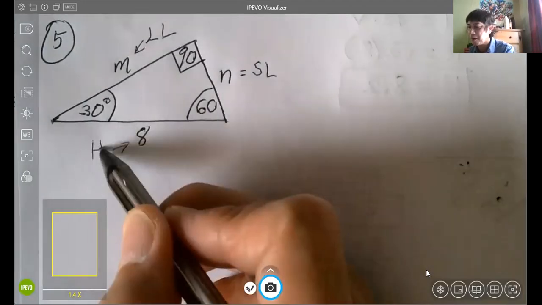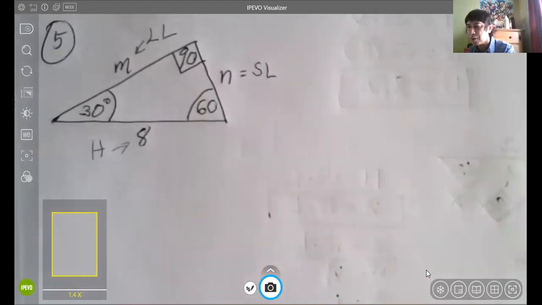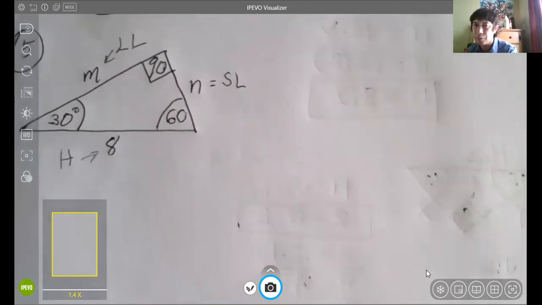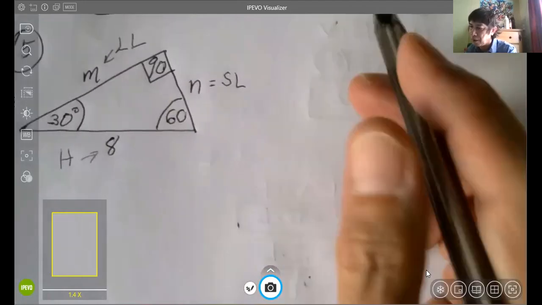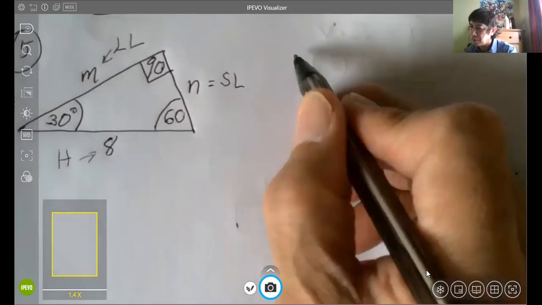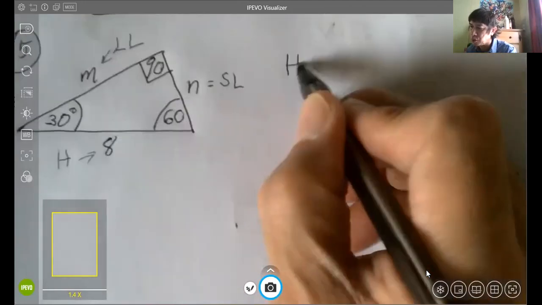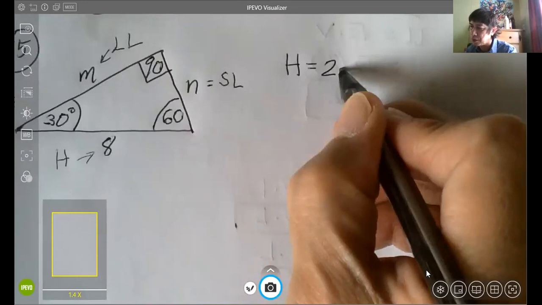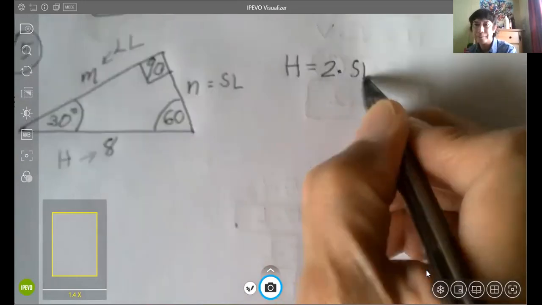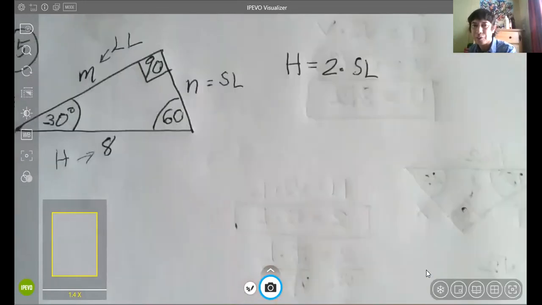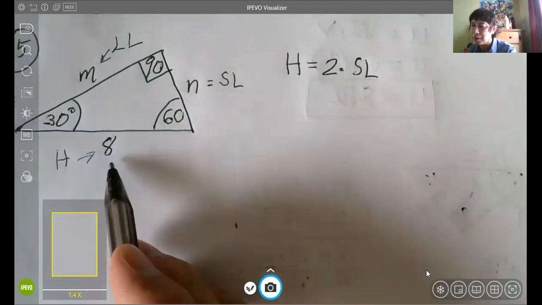Okay, so we're now going to use our formulas, okay? And we shall recall the formulas that we had. Of course, we have the hypotenuse. That's supposed to be 2 times the shorter leg there. And we can use this because we have the hypotenuse over here.